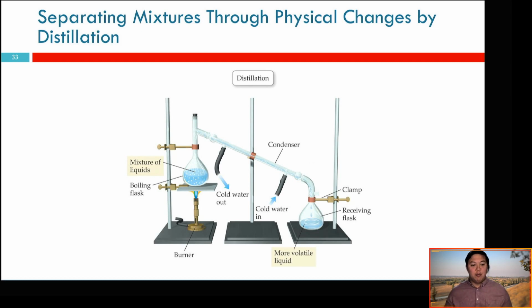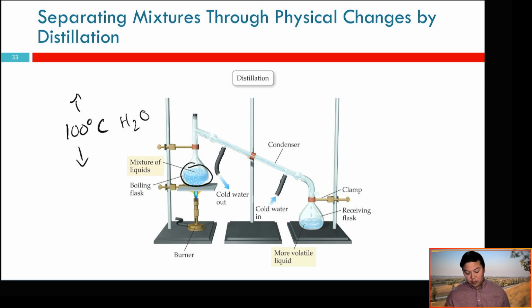What's happening here is you have a mixture of your liquids on the left. As we boil those, different compounds have different boiling points, right? Water boils at 100 degrees C, but there are a lot of things that boil at higher or lower temperatures.